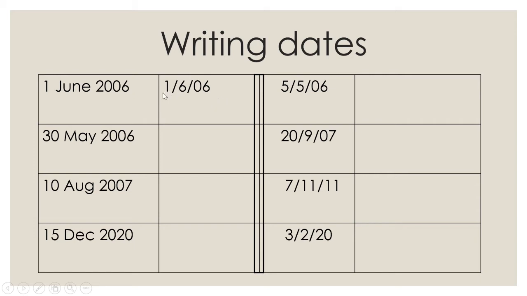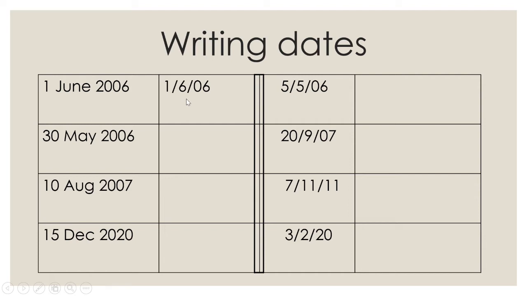Now this one denotes the day, 6 denotes the 6th month, which is June, and 06 denotes the year 2006. This is how generally you have been writing dates while doing your homework and classwork. But we should know both the ways of writing dates.